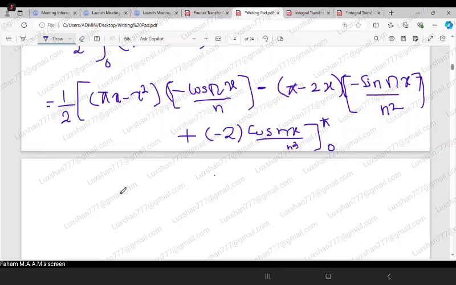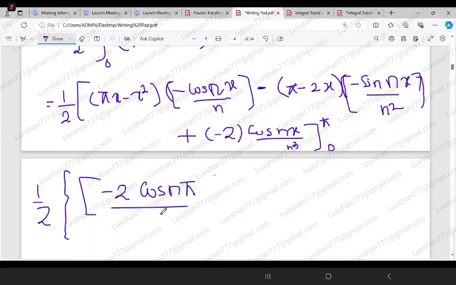So that is equal to what? I will get minus 2. Okay, already I have half out. So when I substitute pi, I will get minus 2 cos n pi over n cube. Other terms go to 0 when I substitute pi.